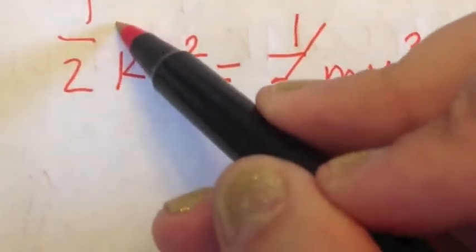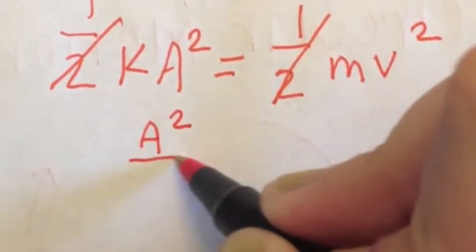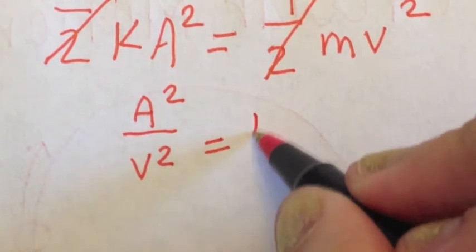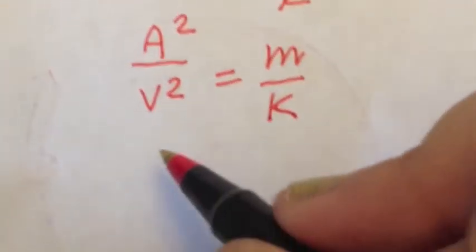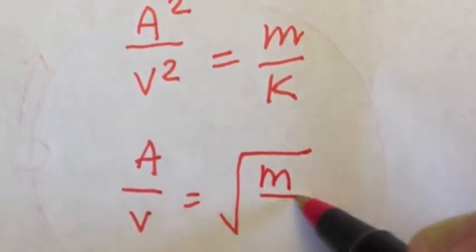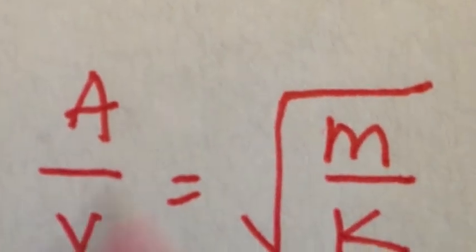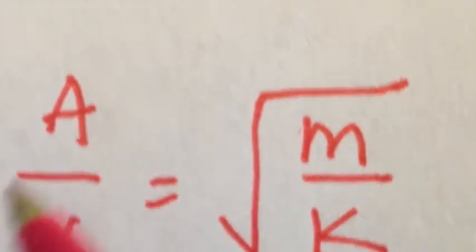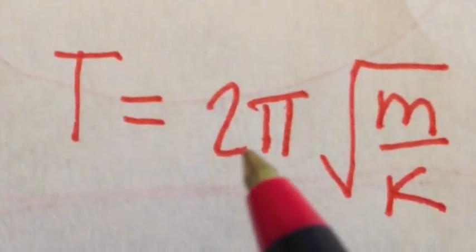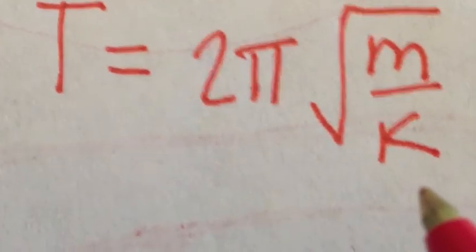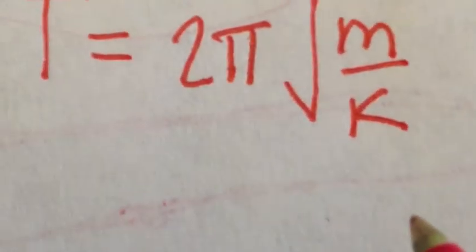Then we can cancel out the 1/2, and then we're left with A squared over V squared equals m over K, and then that can be simplified to A over V is equal to the square root of m over K. So now that we found A over V, we come back to the equation for velocity over here, and when we rearrange our variables, we are left with V over A is equal to 2 pi over T, which we found coming down here for T is equal to 2 pi root m over k, which is what we are left with in our equation, and this is how we can find the period.